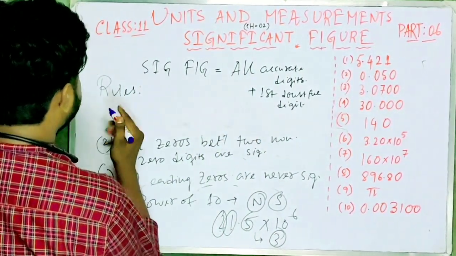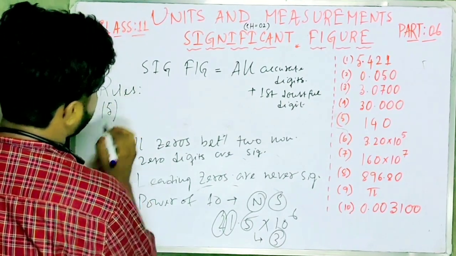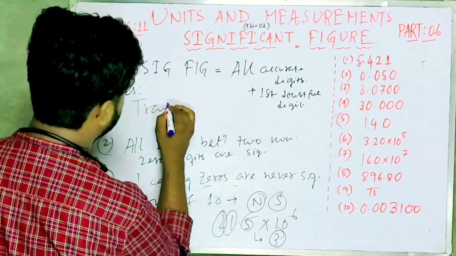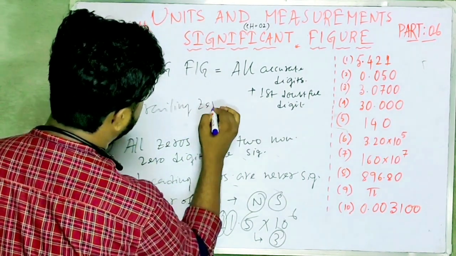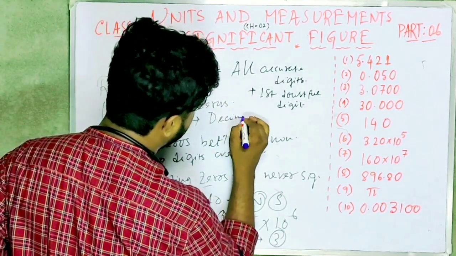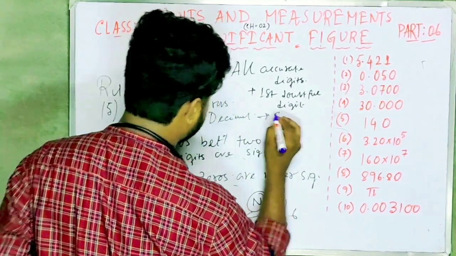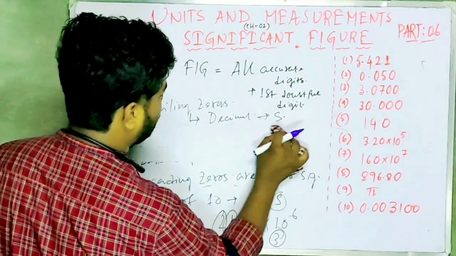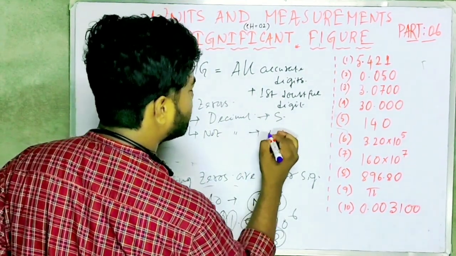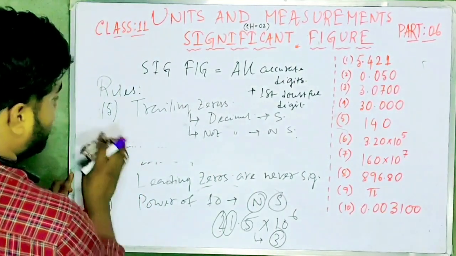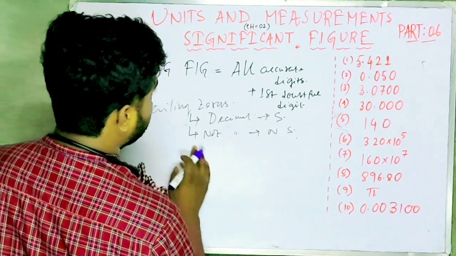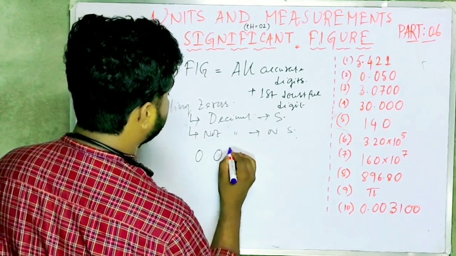Now rule number 5: trailing zeros. If there is a decimal point, they are significant. If there is no decimal point, they are never significant. Let's take an example. Trailing zeros, that is the ending zero. Suppose 0.050.